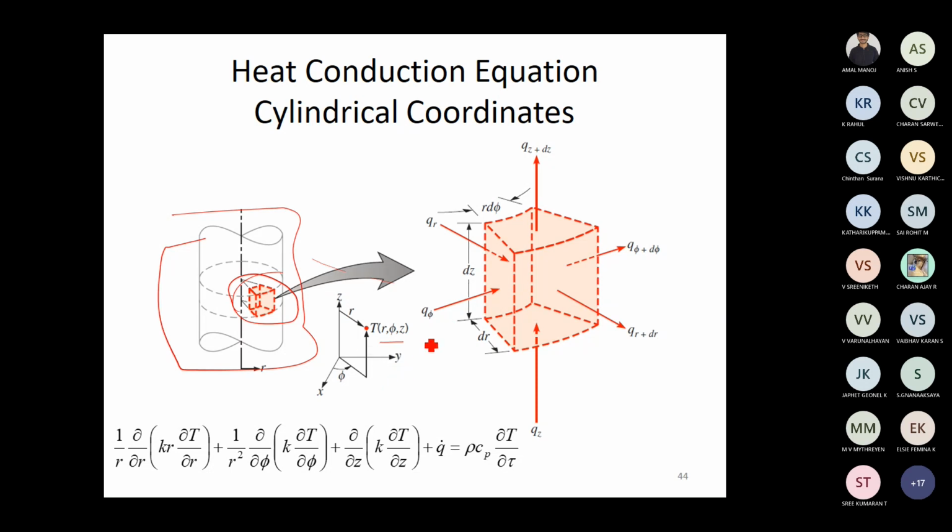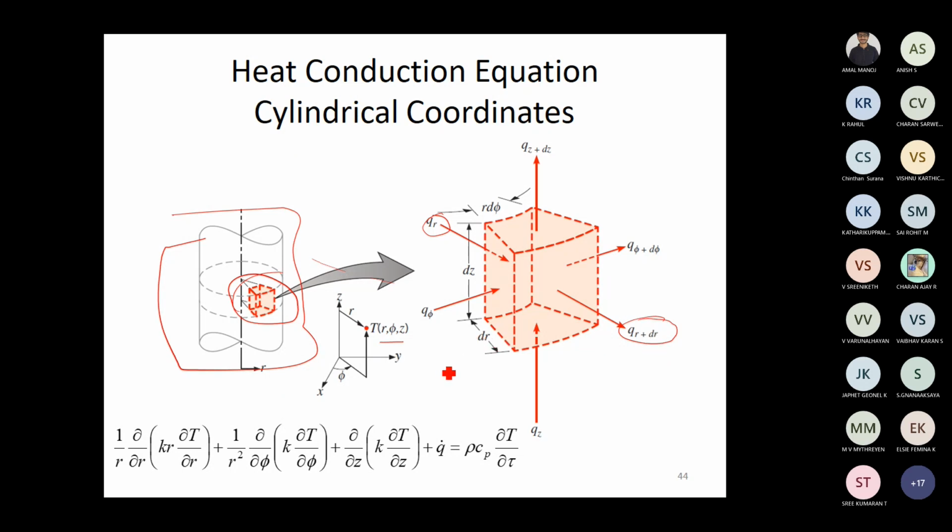And if you do the same exercise that we have done for the Cartesian coordinates, that means write the Fourier law of heat conduction at the entry side. For example, let us see this. This is the heat entering in the r direction, and this is the heat leaving in the r direction. So if you quantify both of these, that means for Qr, you write the Fourier equation, and then for Qr plus dr, you differentiate that Fourier equation accordingly using the Taylor series expansion, then you will have these terms.